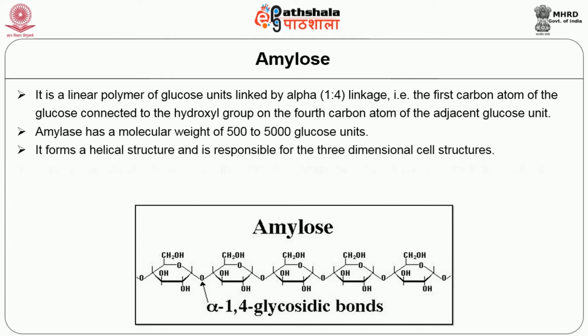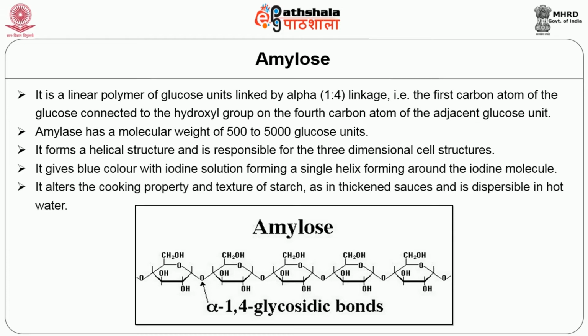It forms a helical structure and is responsible for the three-dimensional gel structures. It gives blue color with iodine solution, forming a single helix around the iodine molecule. It alters the cooking property and structure of starch as in thickened sauces and is dispersible in hot water.